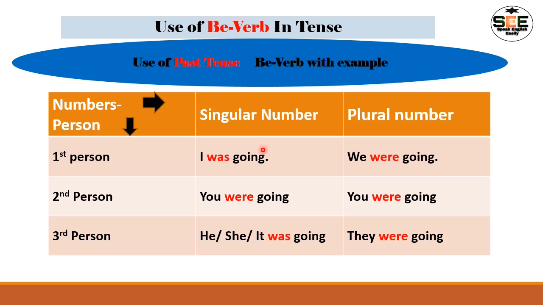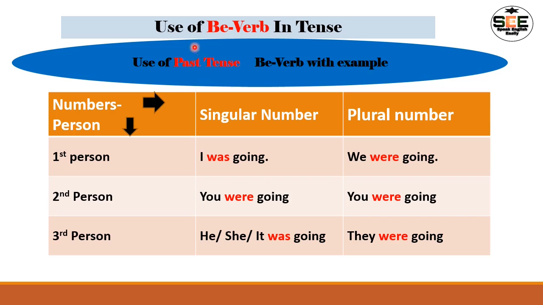So here I am going to give you the example with this singular number and plural number and person, first person, second person, third person, how is it used. So here we can see the past tense, right? So first person in past tense with singular number, I was going, right? And the first person in past tense with plural number, we were going, right?